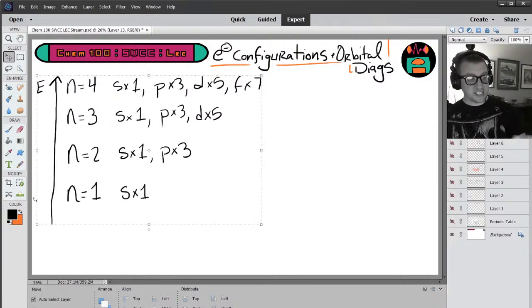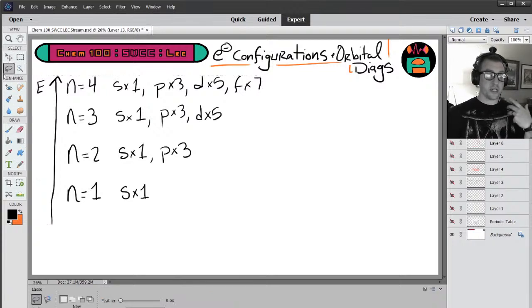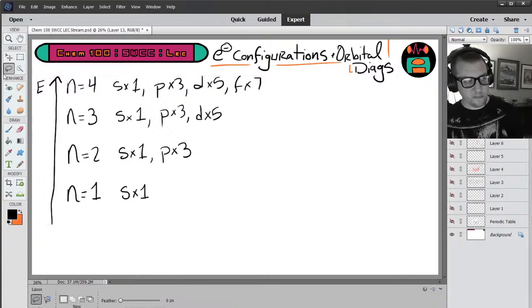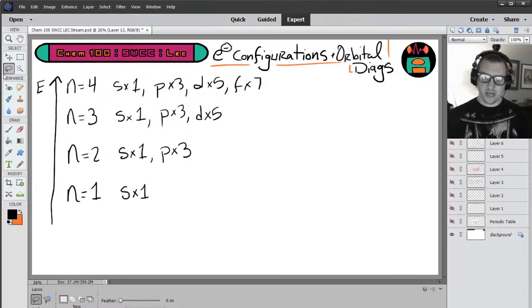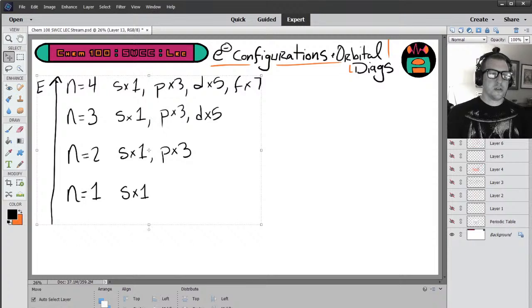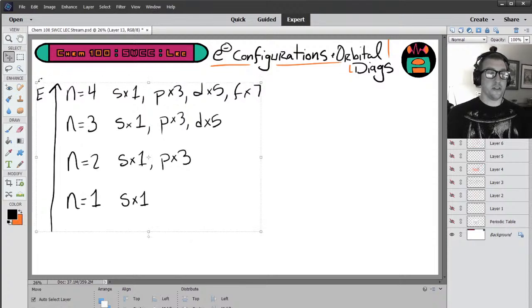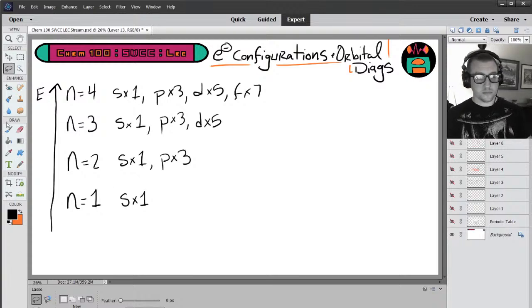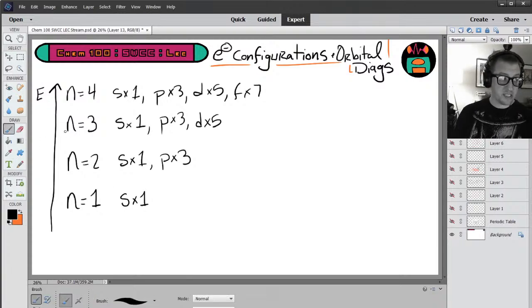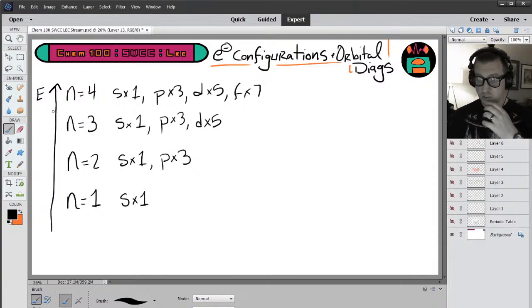So this is something to keep in mind as we do electron configurations. It might help you, especially at the beginning, sort through the flow of logic. You need to keep in mind what orbitals are on which shells as we write out these electron configurations.